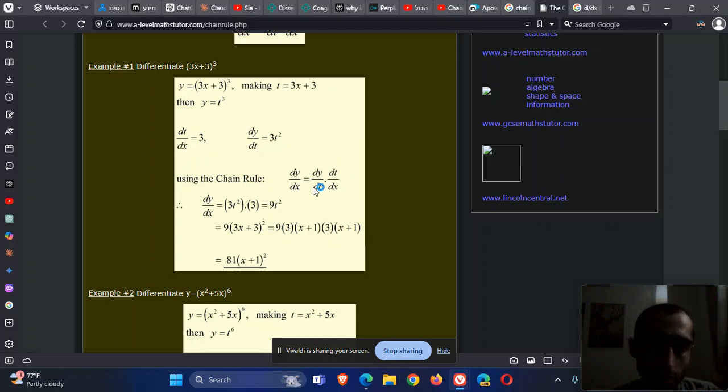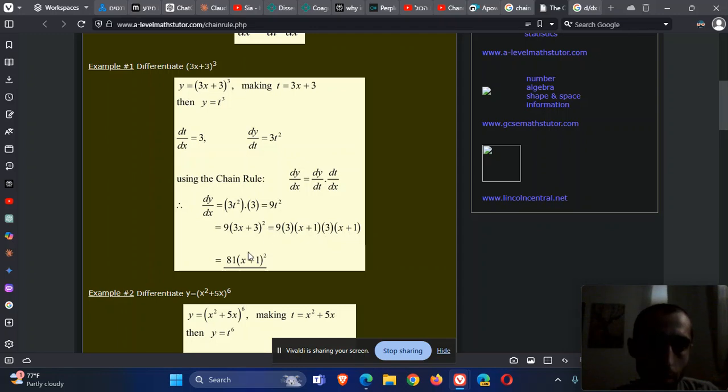So what I can insert here is 3t squared times the derivative of t with respect to x, which is 3. So it's 9t squared, but t is 3x plus 3. So I can insert 3x plus 3 instead of t, solve it and get the result.